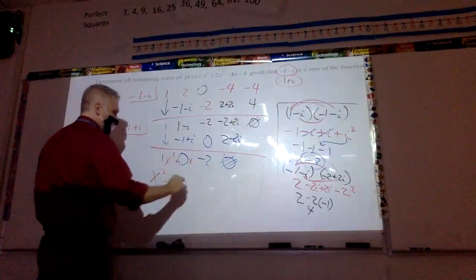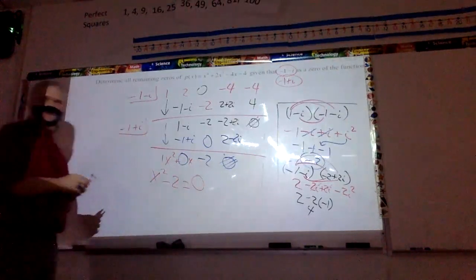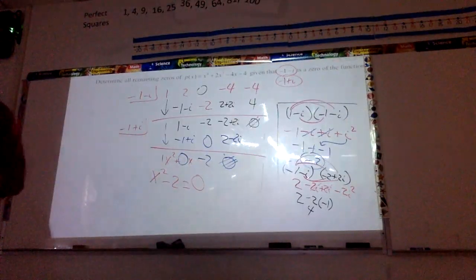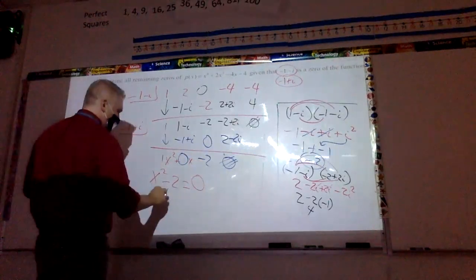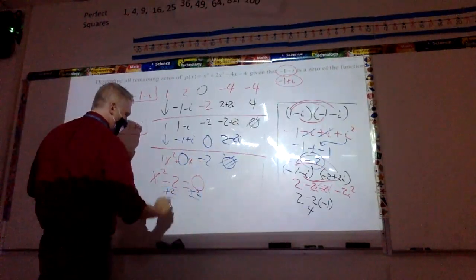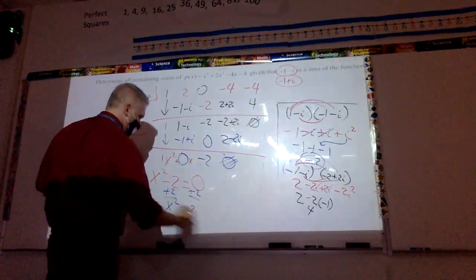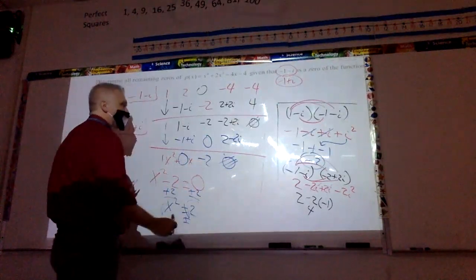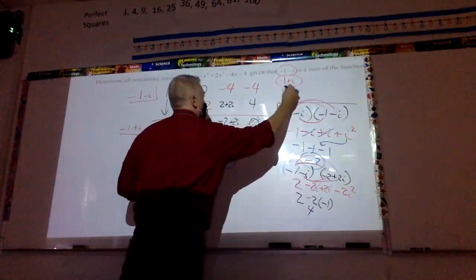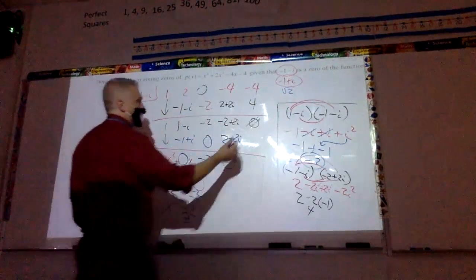Let's find our last two zeros. Let's add 2, take the square root. Square root with a plus minus. So we got positive root 2 and negative root 2.